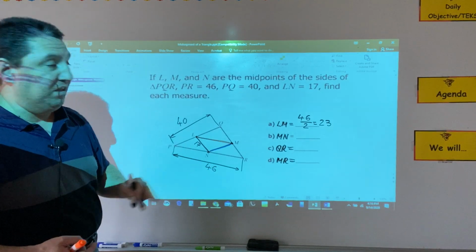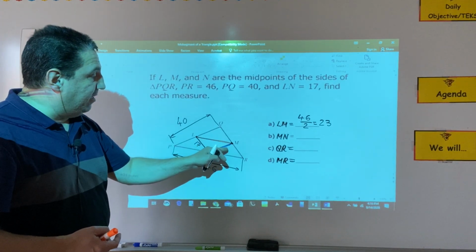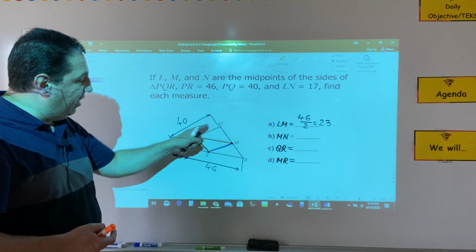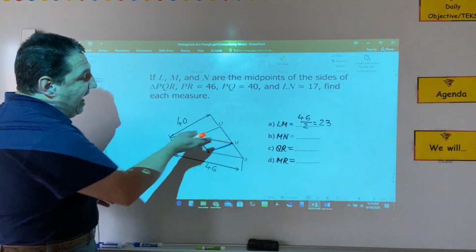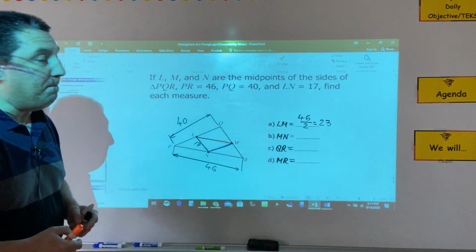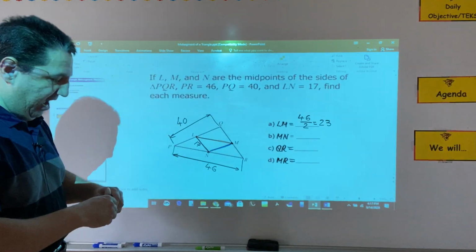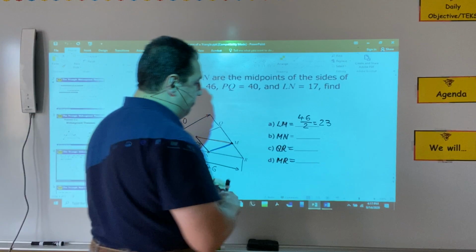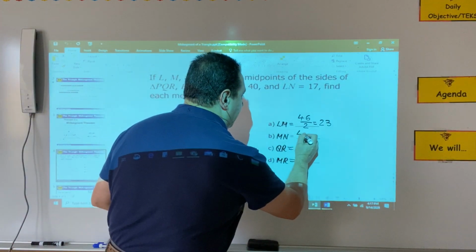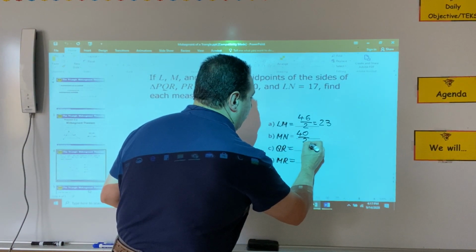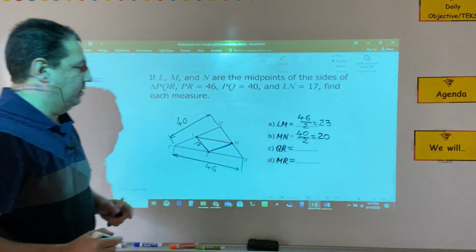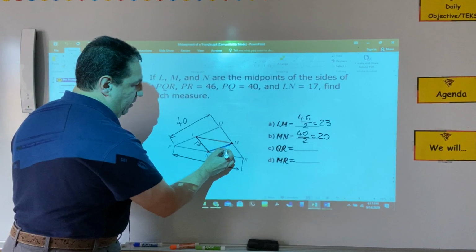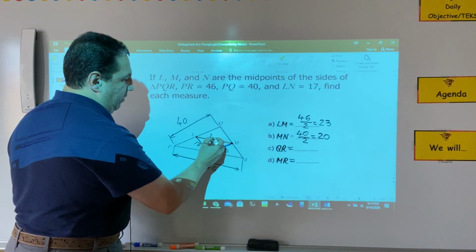According to the mid-segment theorem, this mid-segment is parallel to the third side, which is PQ in this case, and is half of PQ. So MN would be equal to 40 divided by 2, which is 20. So this is 20. And this is 23. Good.